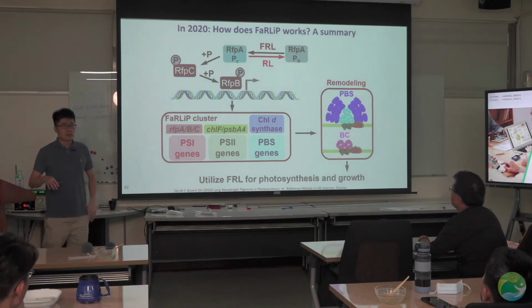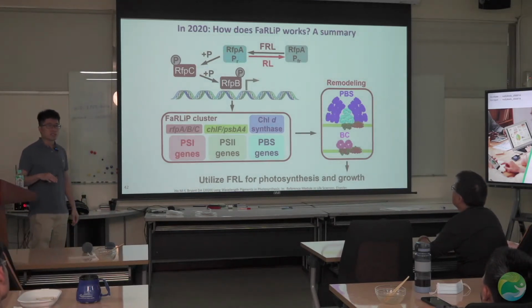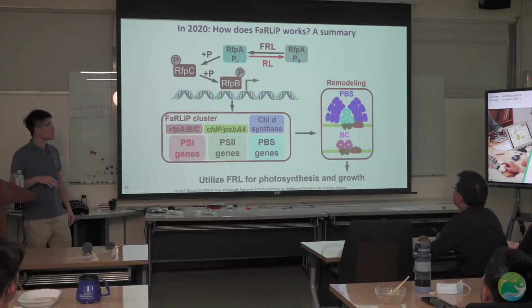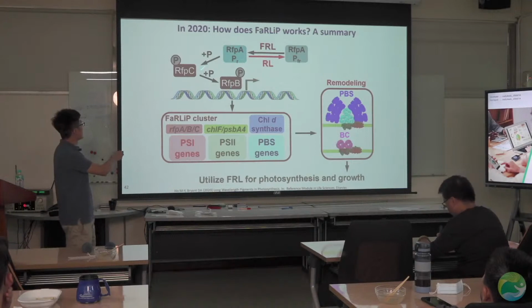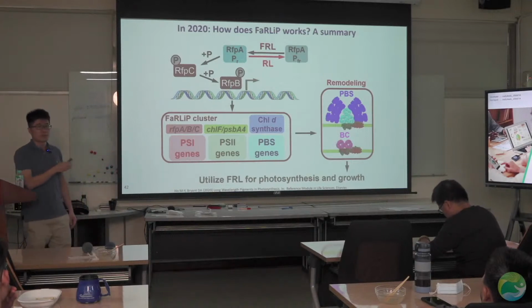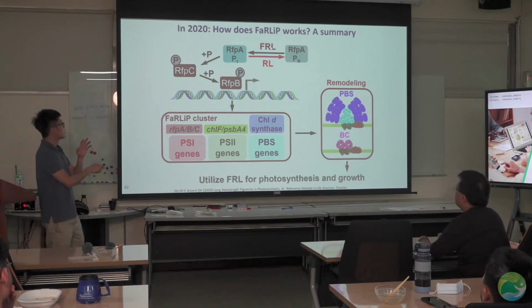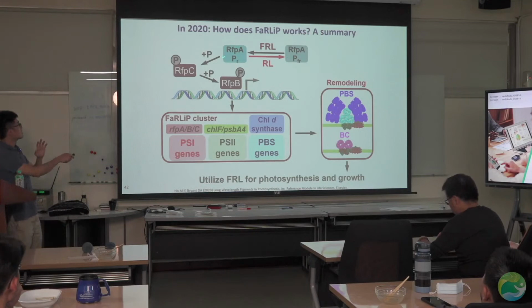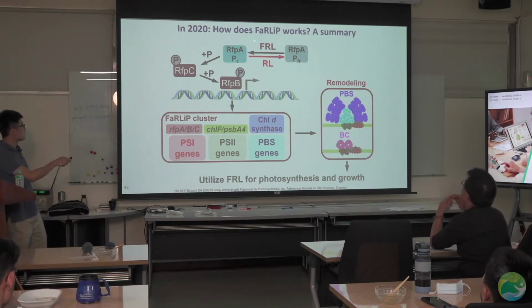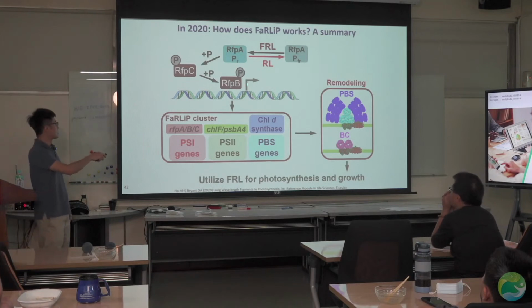This process is controlled by phytochrome-based regulators. RfpA is a phytochrome. It can sense the change of light conditions, red light or far-red light. Under far-red light, it activates downstream regulators.